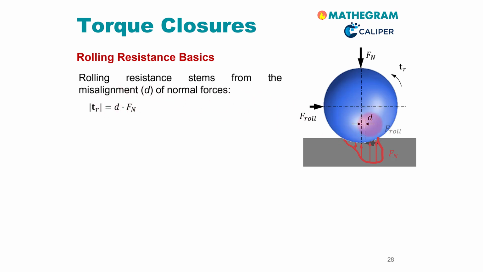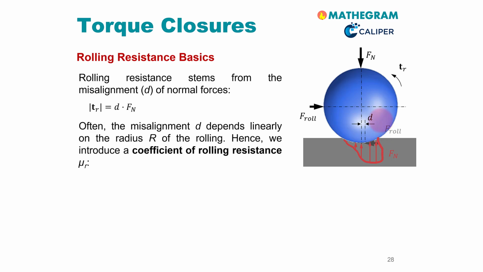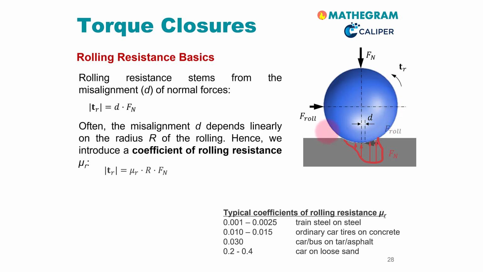So this distance d is dependent on the softness of the surfaces in contact. It is very often found that this misalignment d depends linearly on the radius of the sphere. Hence, one can replace the d with a rolling resistance coefficient mu r multiplied with the radius of the sphere.